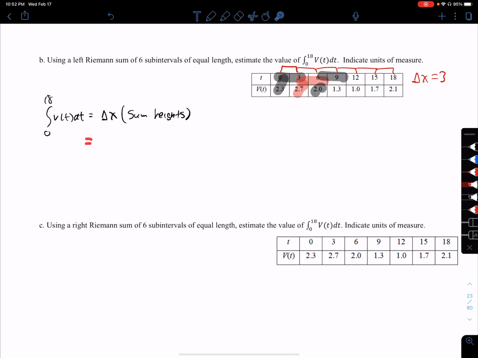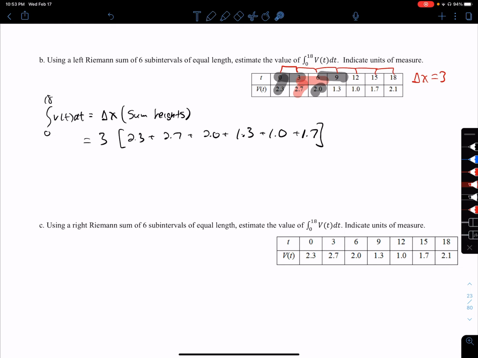So I'm saying delta x is 3, and the heights for the left for 6 of these subintervals are going to be 2.3, 2.7, 2.0, 1.3, 1.0, and 1.7. Once again, if this becomes too abstract for your brain, it's not an insult.